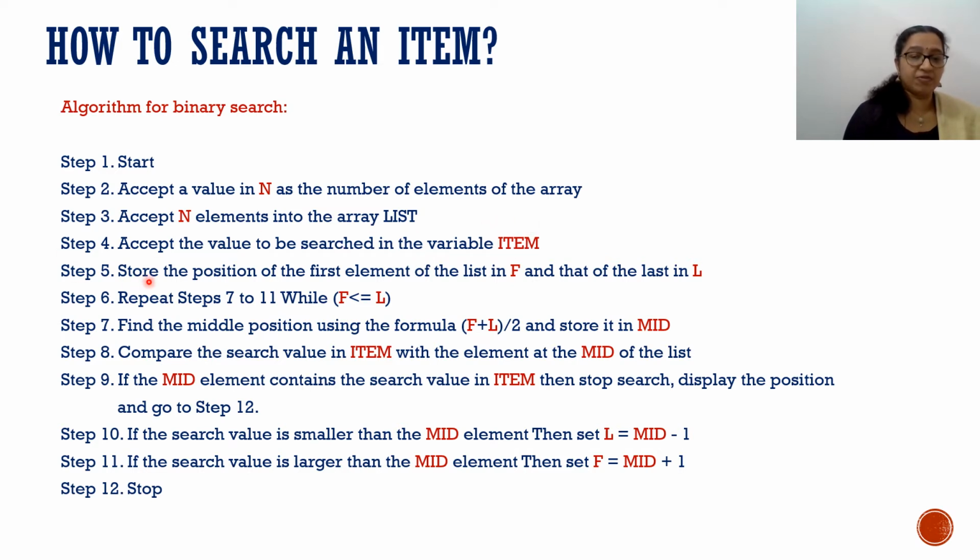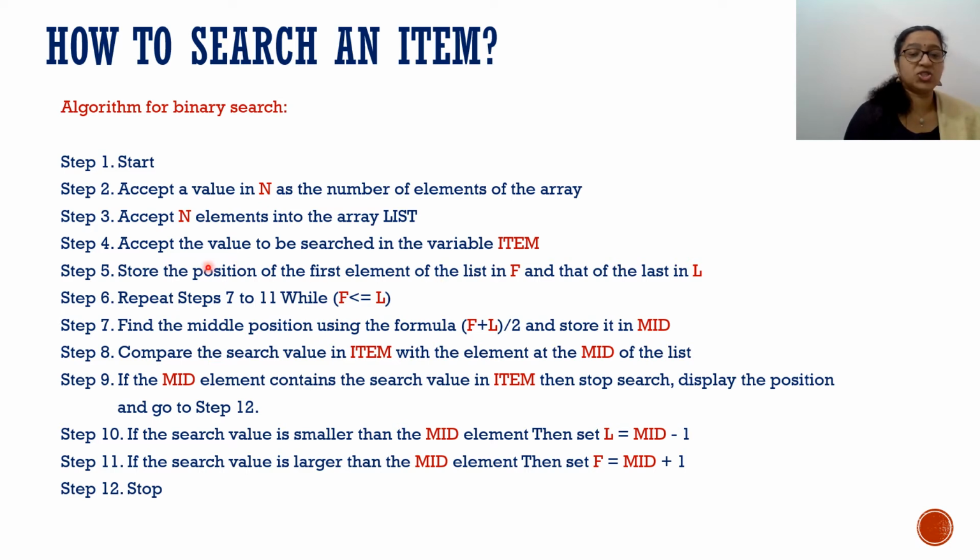Now step 5, store the position of the first element of the list in F and the last in the L variable. So we need 2 extra variables here for setting the first position and the last position.